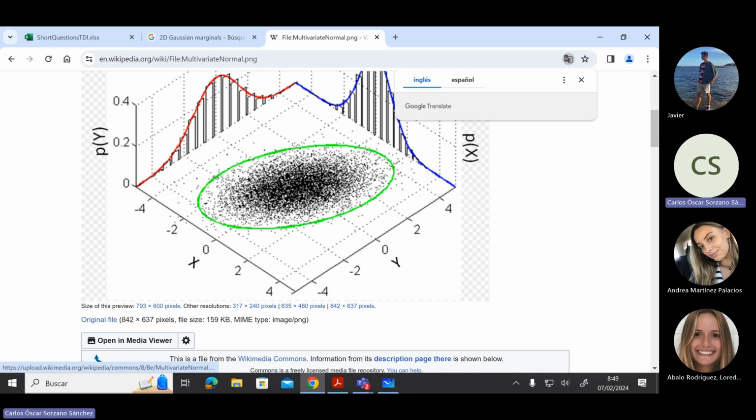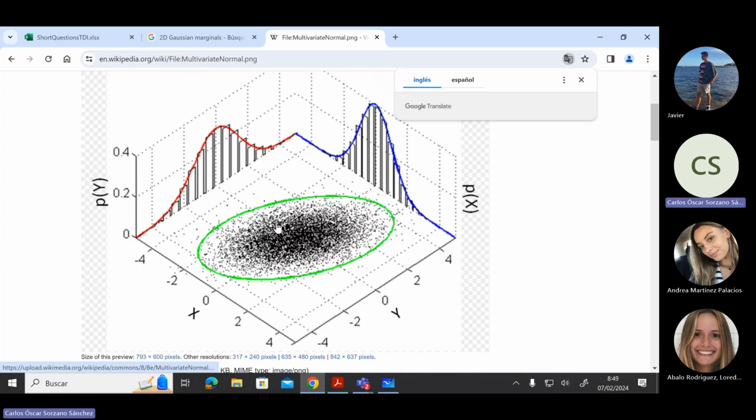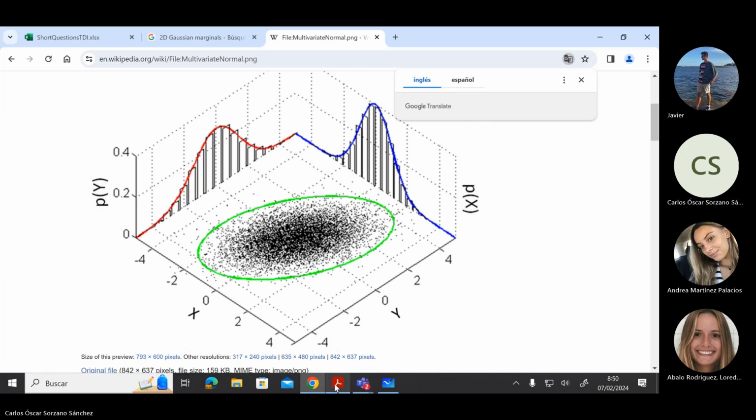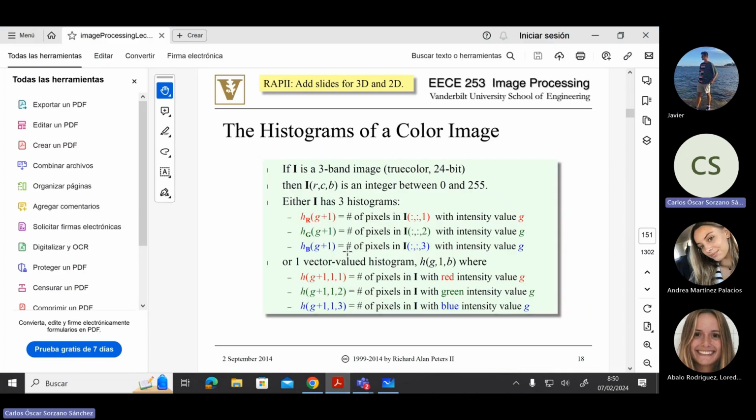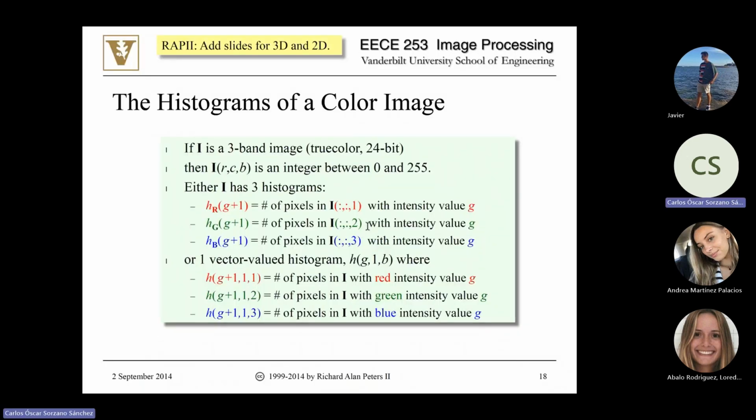So you can also construct the joint histogram of RGB values. This is just MATLAB code to store these things, but the concept is the joint distribution of the values, or the marginal distributions.